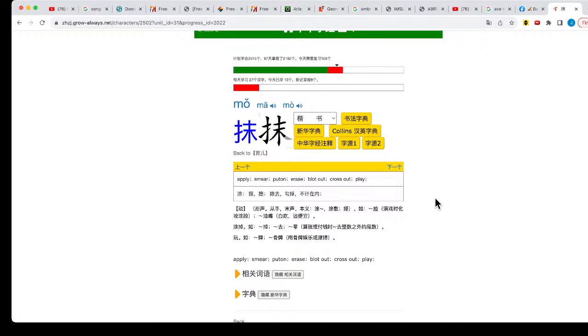抹掉. So 抹 has the meaning of erase. 抹油嘴. For example, you are having some dinner, and then your mouth is oily, and then you use a napkin to clean out this grease.